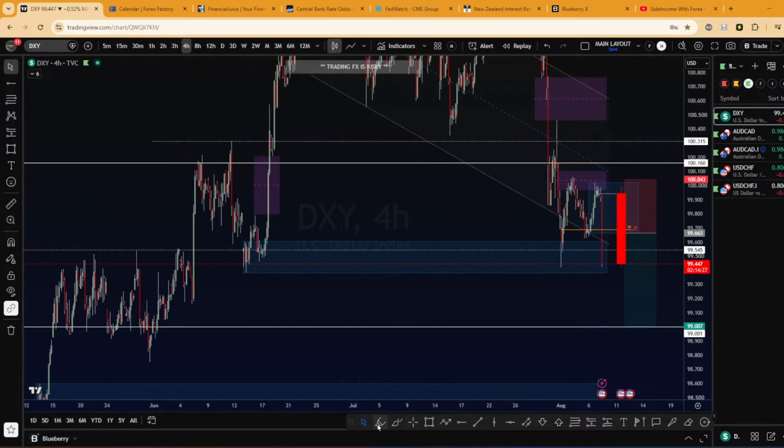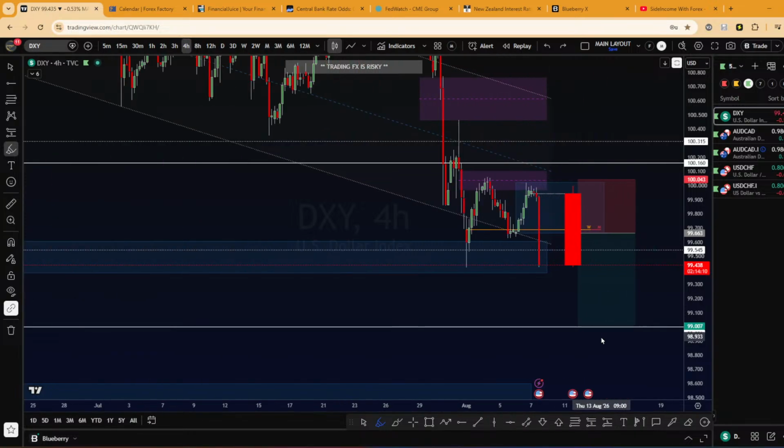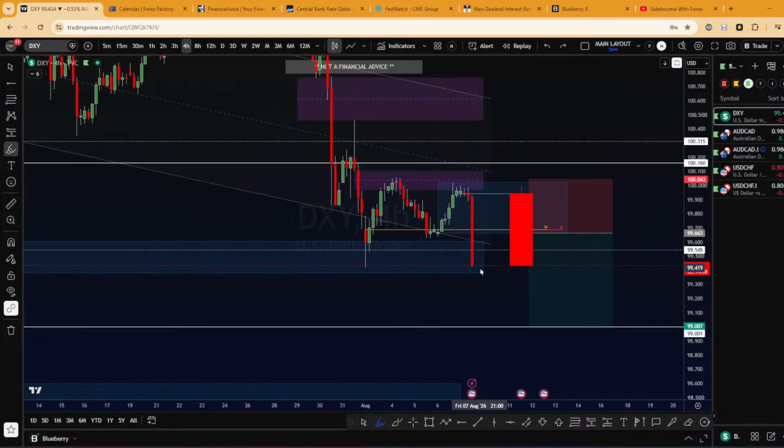I want to target this level right there. This level will be my target for today and for the end of this week, clearly. So what I want to see now is a retest and a continuation. Simply as that.